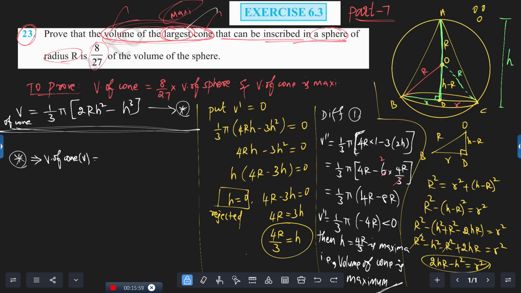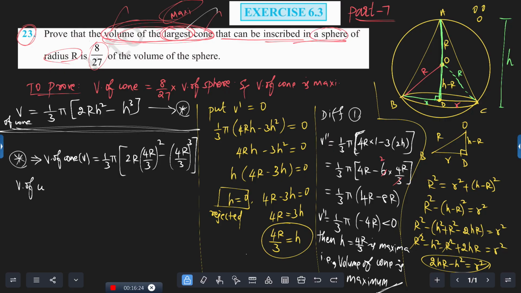So that volume of cone, V, is equal to 1 by 3 pi, 2 times R. What is the h value we have? Take the h value and substitute: 4 times R divided by 3 whole square minus 4R divided by 3 whole cube. Simplify, you will get the required.